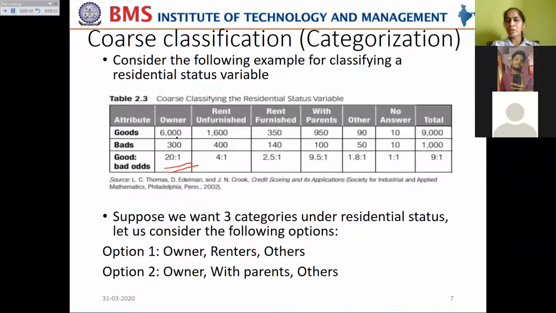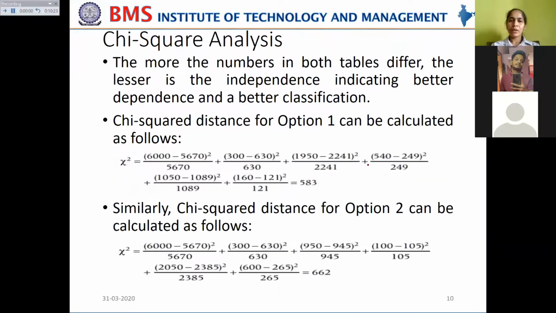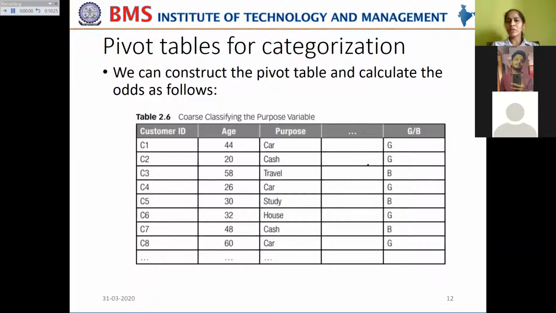Good bad odds is the ratio between good owners and bad owners here, and the ratio between good customers staying in a rented unfurnished house and bad customers staying in a rented unfurnished house. 6,000 is to 300, the ratio is 20 is to 1. 1,600 is to 400, the ratio is 4 is to 1. That is how all these ratios are calculated, and how we calculate the odds in the next case also. That is why I have gone back to explain that.